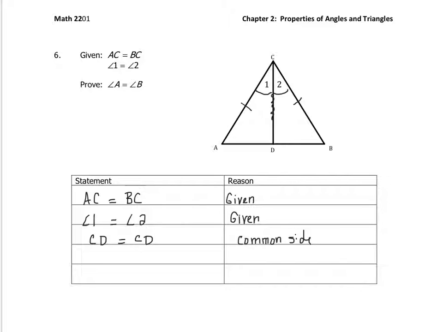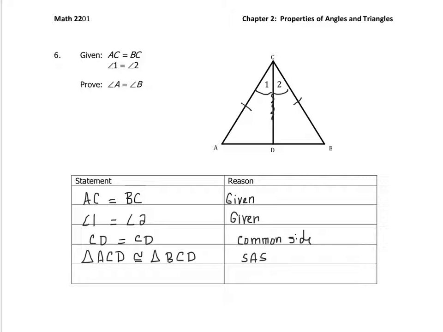And then that means we've got side angle side congruence there. So triangle ACD would be congruent to triangle BCD because of side angle side. You've got two sides and the angle in between those two sides equal to each other.